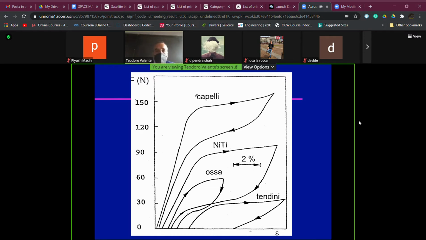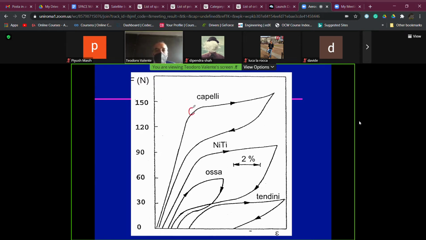You see, for example, this is hairs in the head. This is the classical behavior, which we will discuss a little bit further on, of annealing alloys. This is the behavior of bones. And you see, we do have a linear part, which is an elastic linear part.